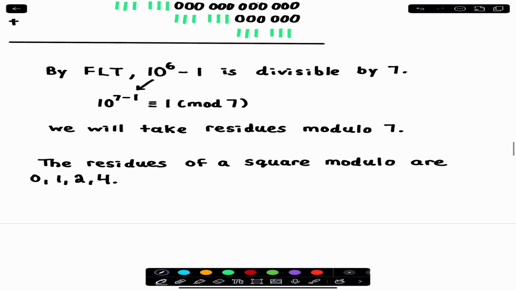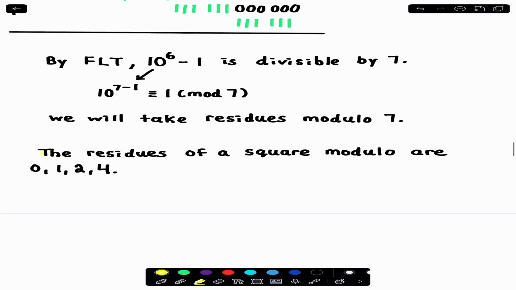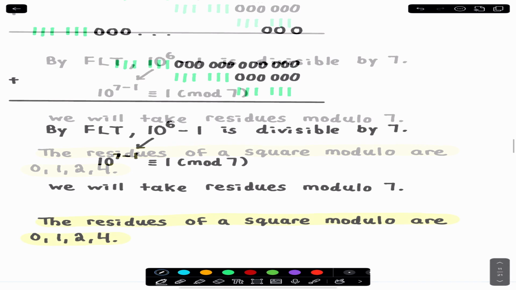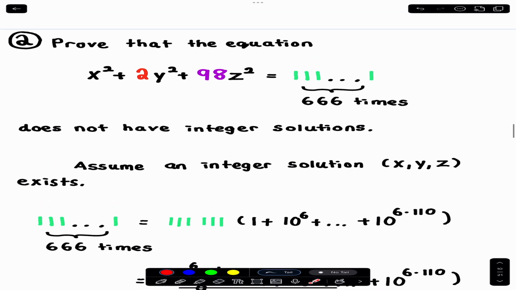That's it. These are the only 4 possible residues. So this will be the key to this solution. And then from here, we can extract information about x and y.